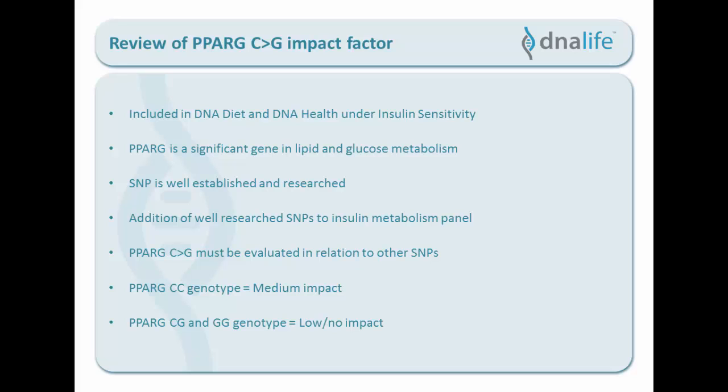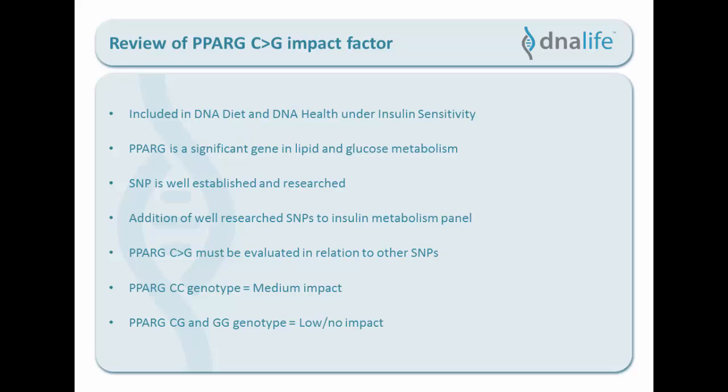Once we evaluated this, and considered the relationship of all of the genes, we have decided that the PPAR gamma CC genotype will now have a medium impact, and the CG and GG genotypes will have a low or no impact.